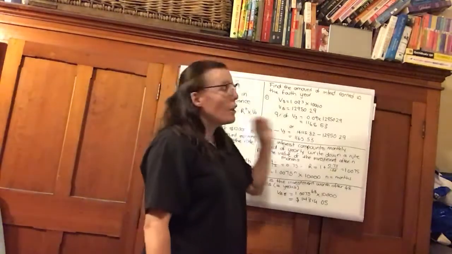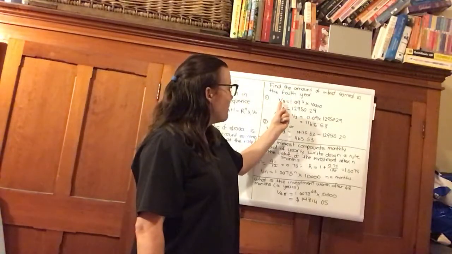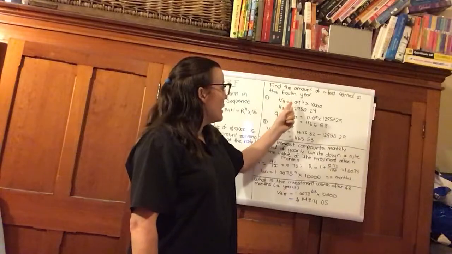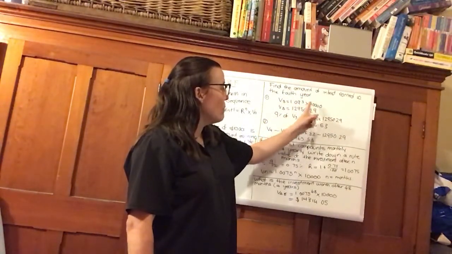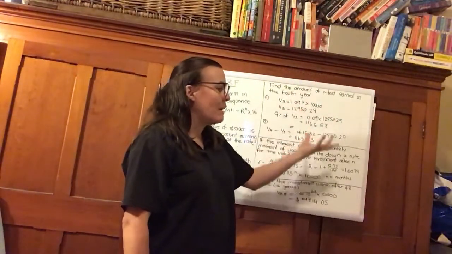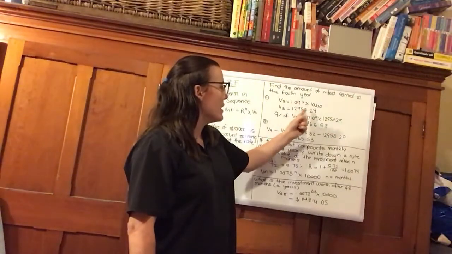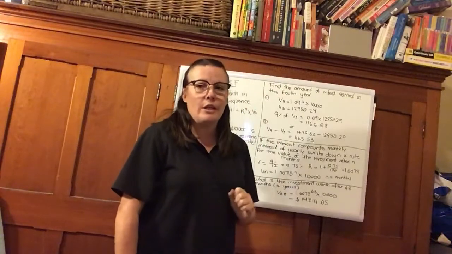Okay, so method 1 is if we work out V3, so the previous year, so we go 1.09 raised to the power of 3, multiplied by 10,000. We find that this account is going to be worth $12,950.29 at the end of the 3rd year.